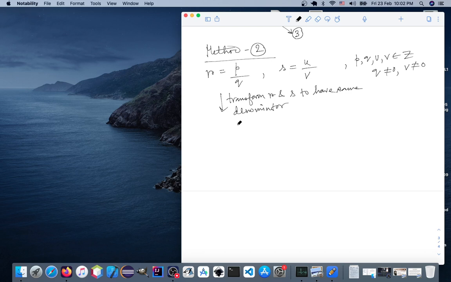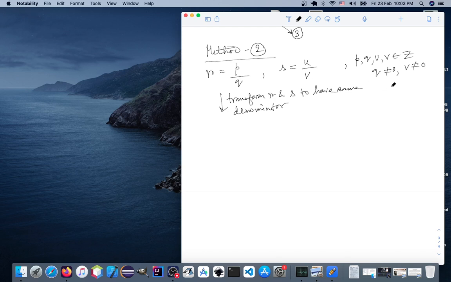Whatever value we need to multiply Q by to make the LCM, with the same number we have to multiply P. Similarly, whatever value we have to multiply V by to get the LCM, the same value we have to multiply U by.